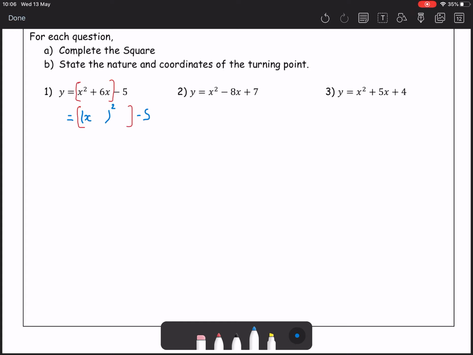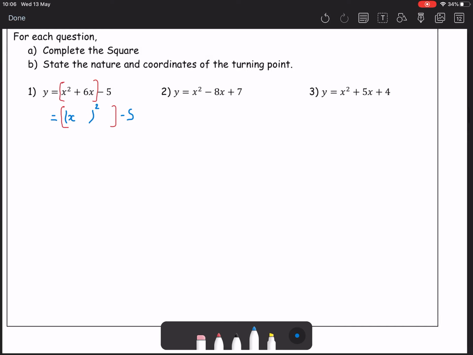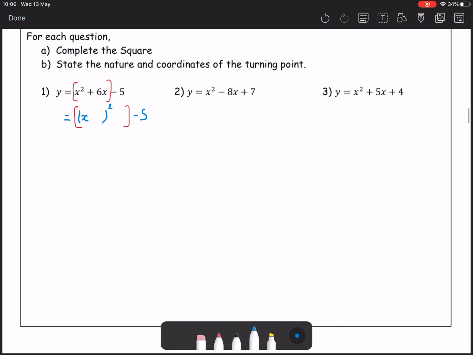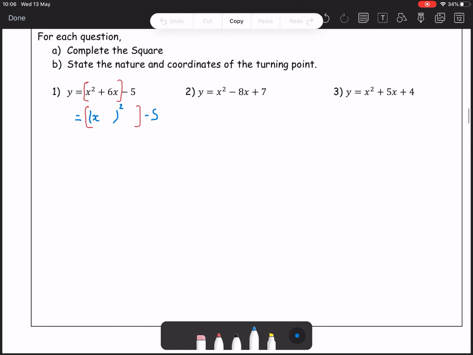So multiplying out that square bracket, x times x will give us our x squared term before. To be able to get the 6x, we take the 6x and we divide by 2 to give x plus 3 squared. Okay, so that x term here, we always divide by 2.